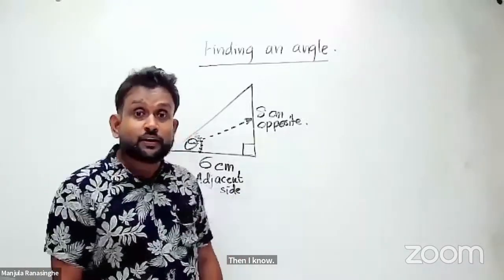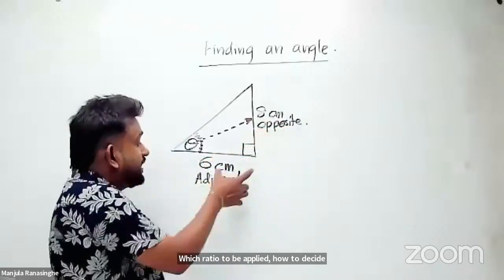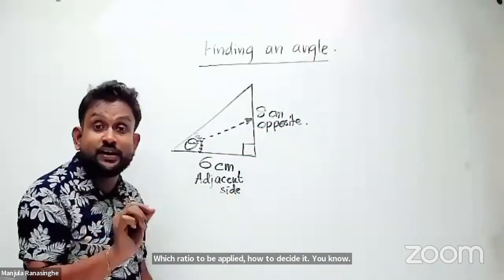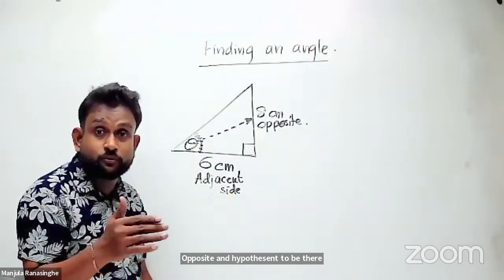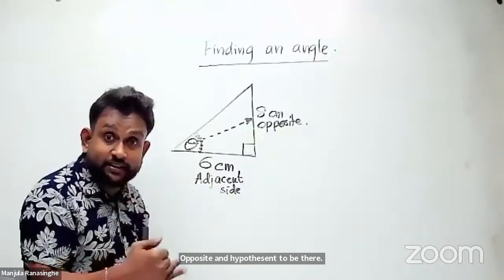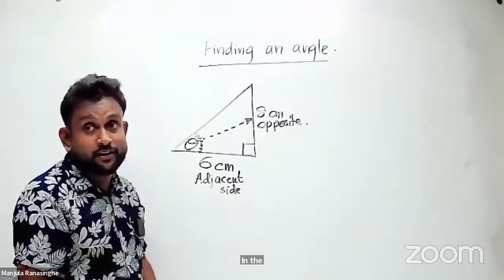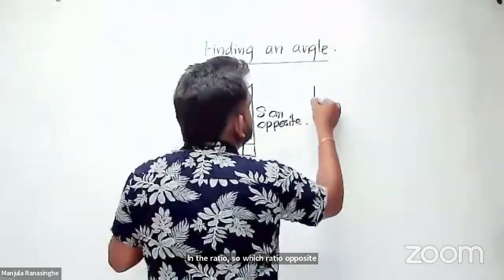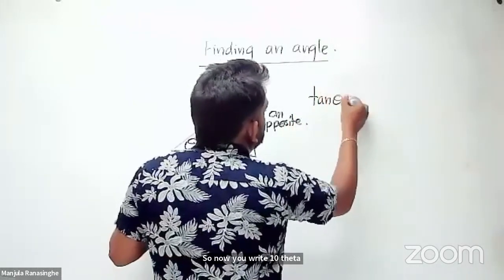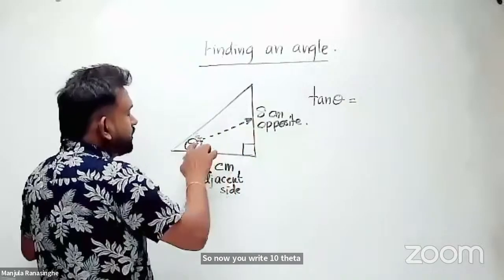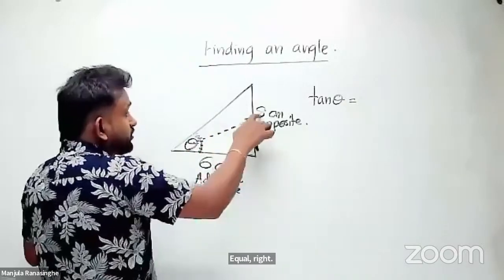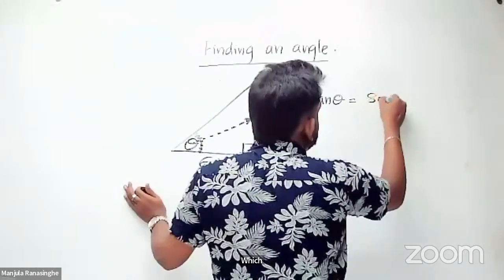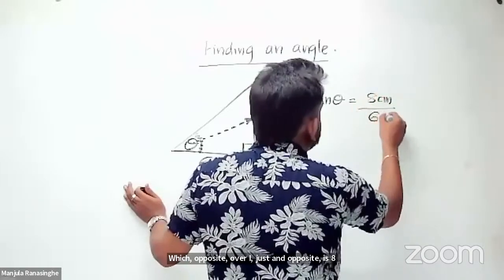Then I know which ratio to apply. Opposite and adjacent are dealt with by tan theta. So now you write tan theta equals opposite over adjacent. Opposite is 8 centimeter, divided by the adjacent, which is 6 centimeter.